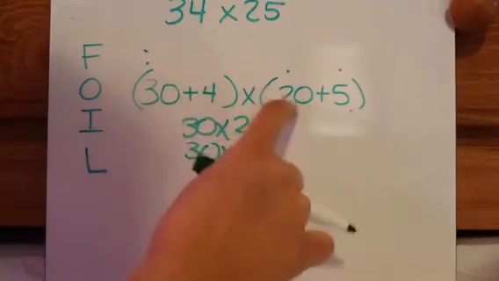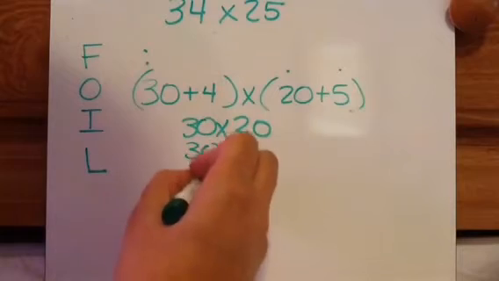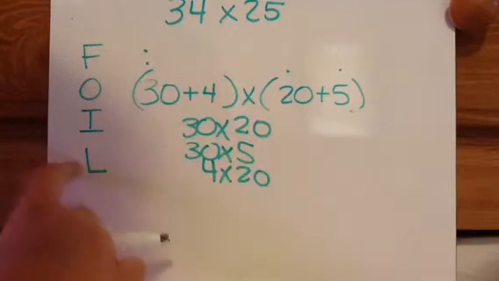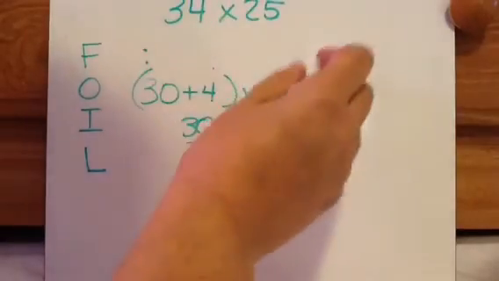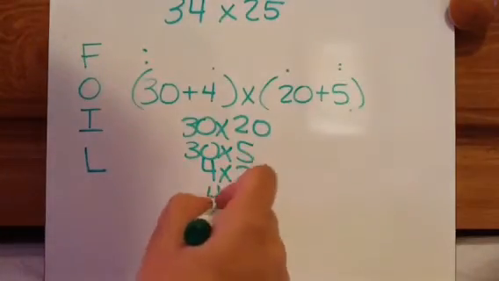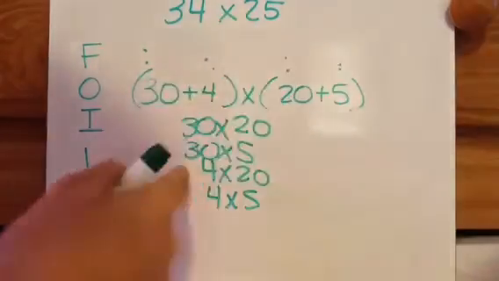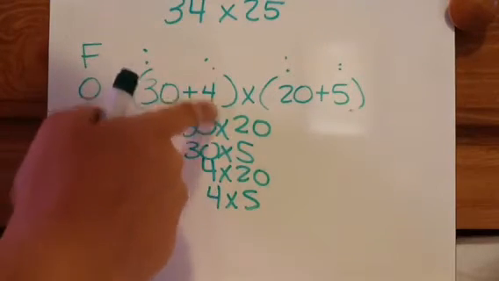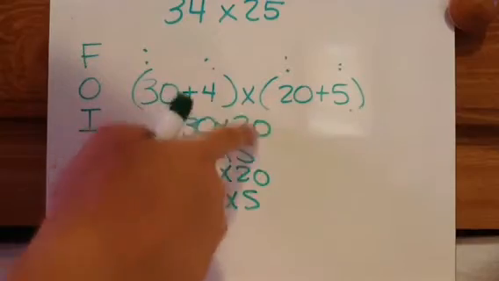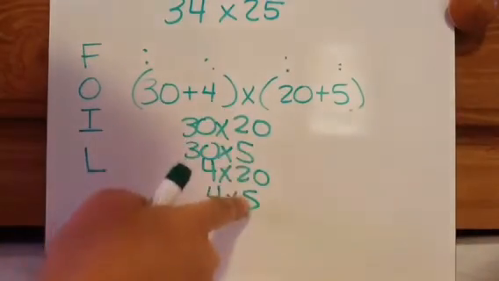Inside is this one and this one. And last is this one and this one. Sorry, I forgot to put dots from the other ones. So notice each number was used twice. 30, 30, 4 and 4, 20 and 20, 5 and 5.